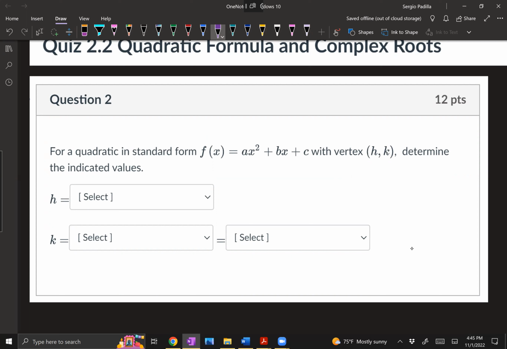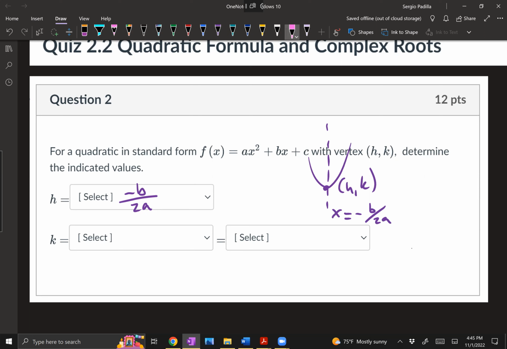H, you can find the x value of the vertex by doing negative b over 2a. Then you figure out what value that is, and that's the x value of your vertex. It's also the equation for the axis of symmetry, by the way: negative b over 2a.